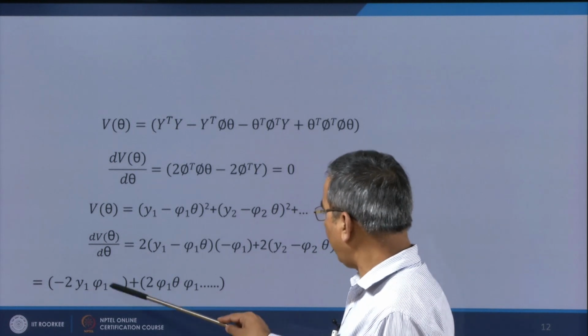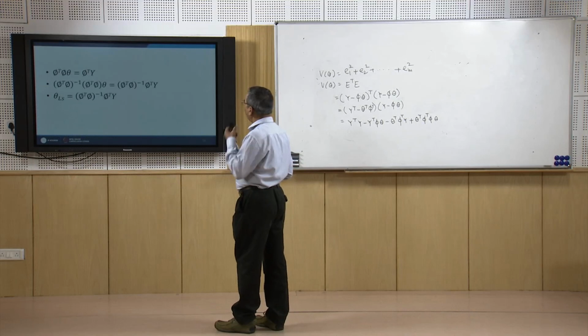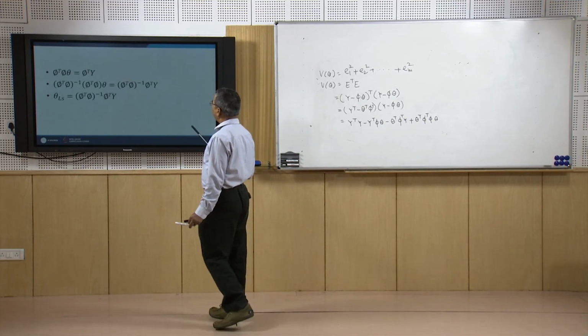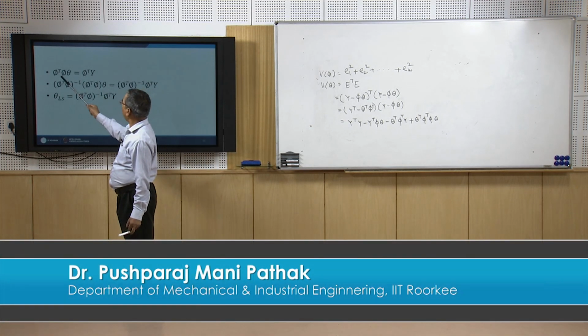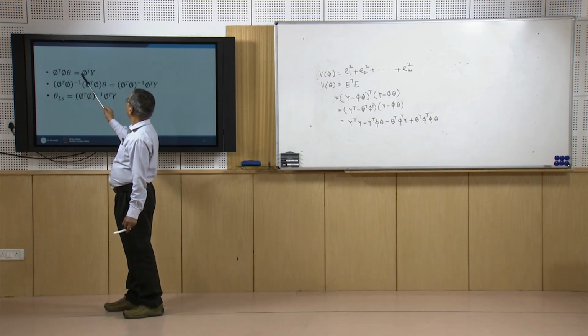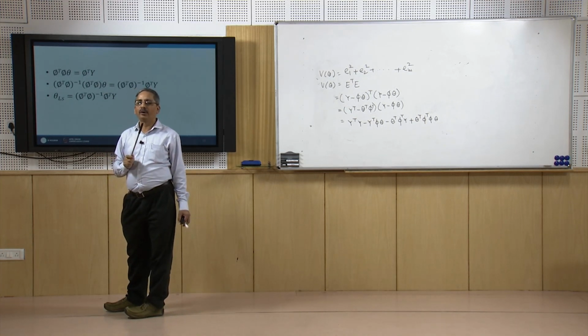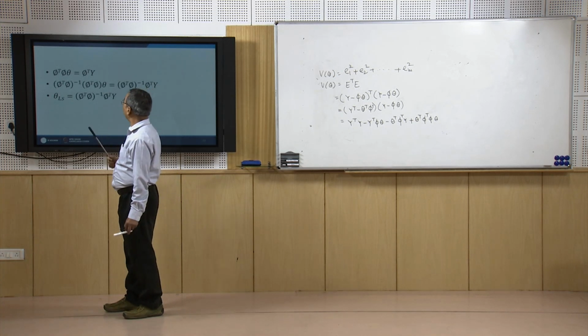So, if we equate it to 0, then this is what we are going to get. Okay. So, we will have phi transpose phi theta is equal to phi transpose y. Remember, our interest is to find out the value of theta. Theta is unknown for us.